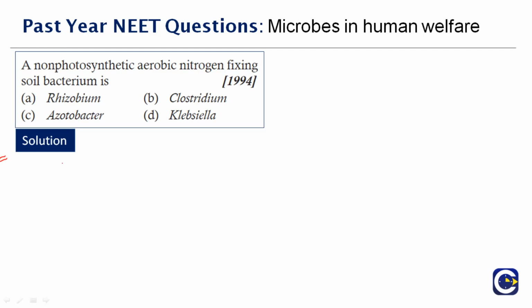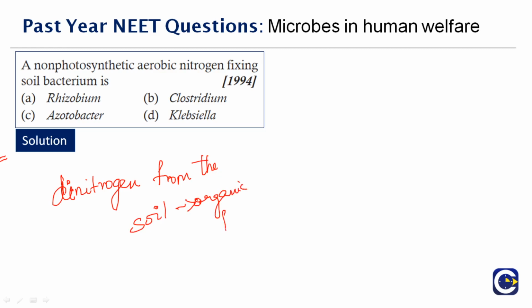They take the dinitrogen from the soil and convert it into an organic nitrogenous material like amino acids, which can be consumed by the plant.